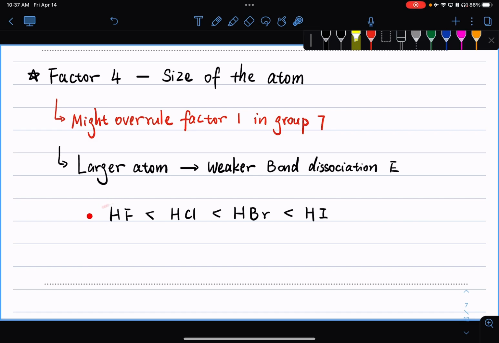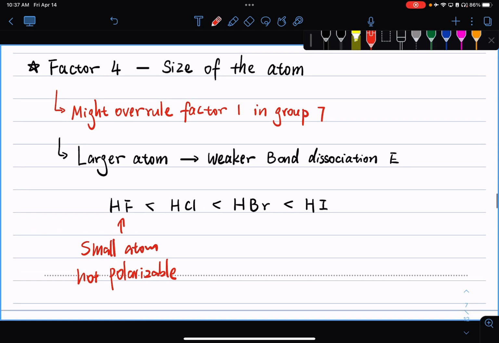In this trend, my HF is too small an atom, it's not polarizable. So it's the least acidic. On the right-hand side, my iodine is the biggest.